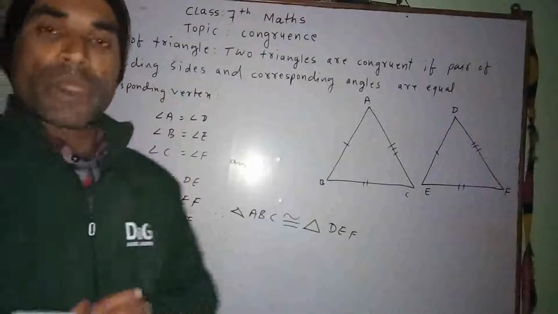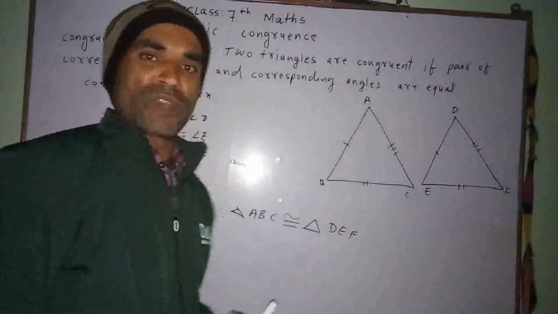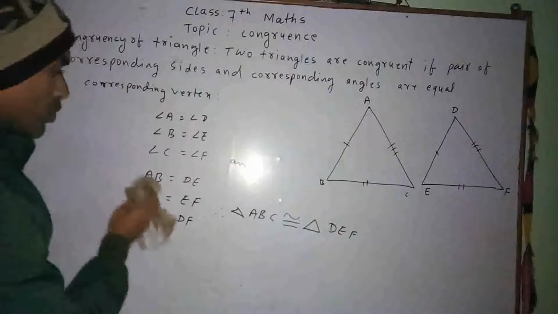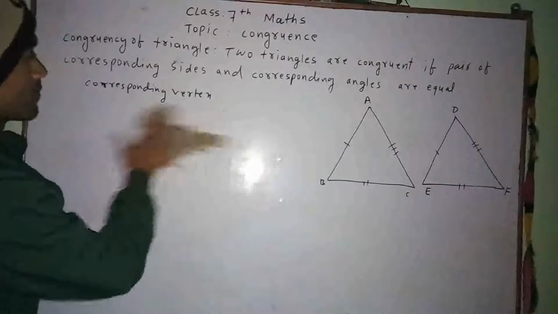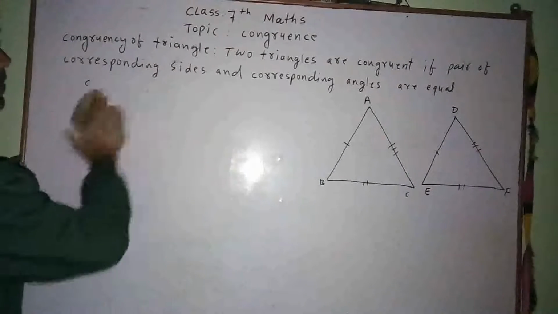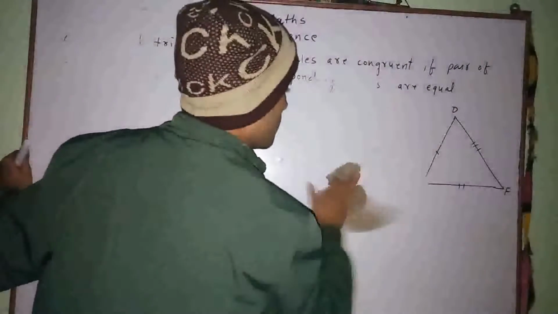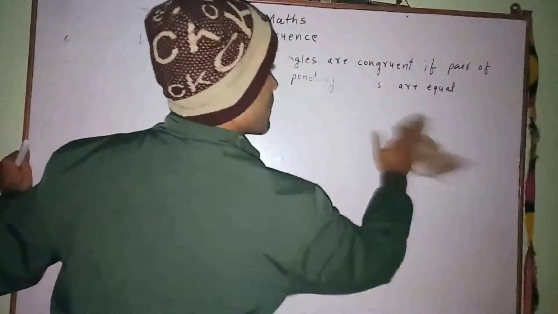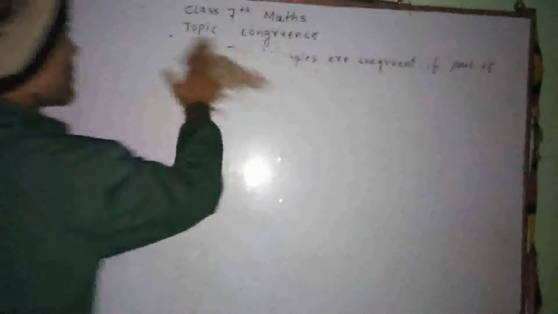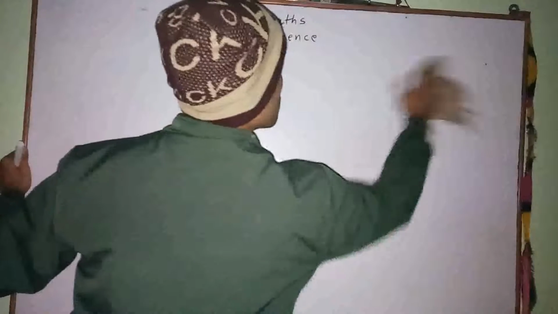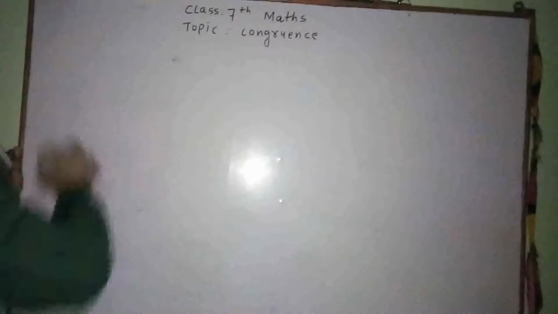There are a total of 4 criteria through which we can say whether two given triangles are congruent or not. So let's learn what those 4 criteria are.